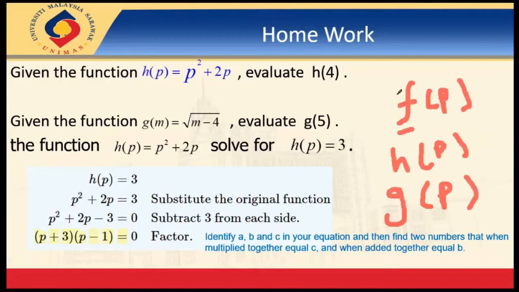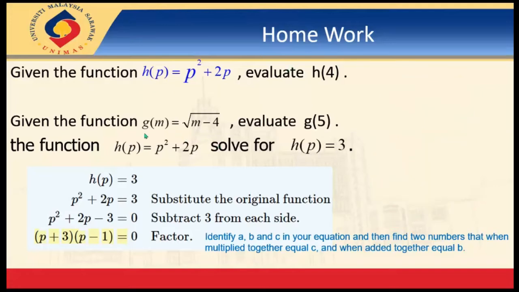Any character here represents a function. So h of p equals p square plus 2p, and now replace the p. You will only replace the input, which is inside the bracket. So replace p by 4, put it here and find the solution. I am waiting for you. What will be the solution? Competition, who will tell me first?